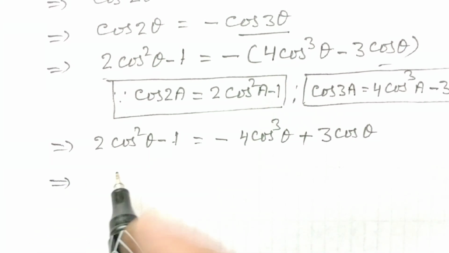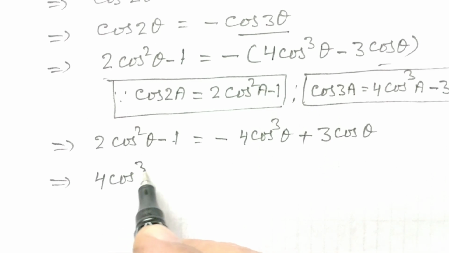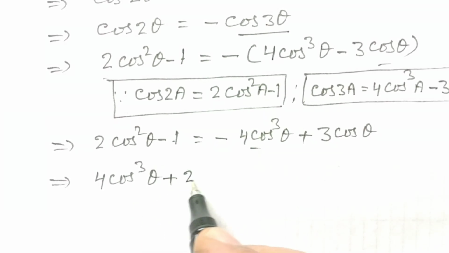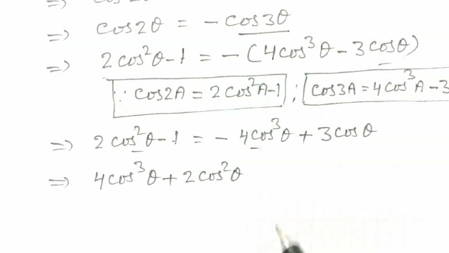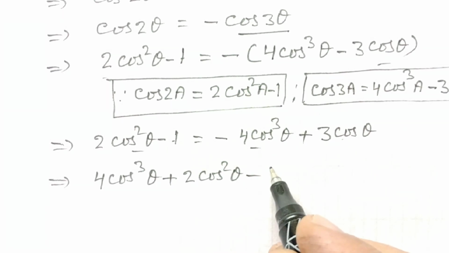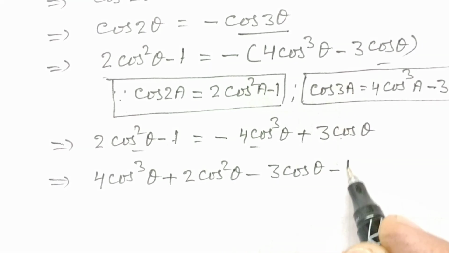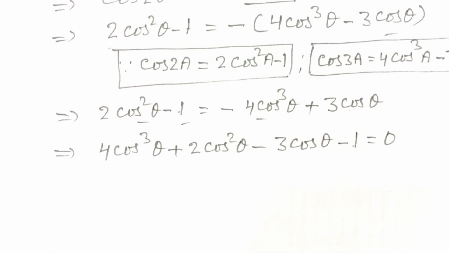If we rearrange the equation, 4 cos cube theta plus 2 cos square theta minus 3 cos theta minus 1 is equal to 0.